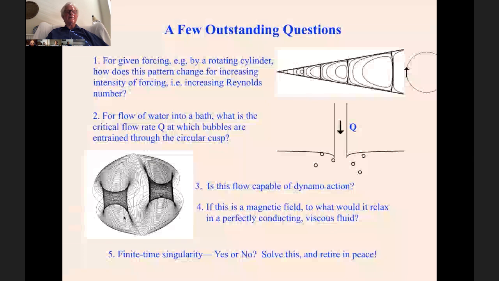Third problem is this flow that I described, the chaotic flow inside a sphere, is it capable of dynamo action? This is something that we're already working on, and I think the answer is going to be certainly yes. But alternatively, the complementary problem, if we think of that as an initial magnetic field, not a flow, but a field, to what would it relax in a perfectly conducting viscous fluid?